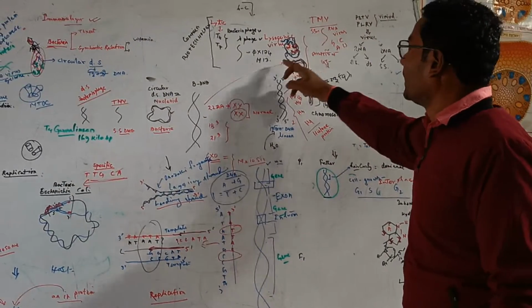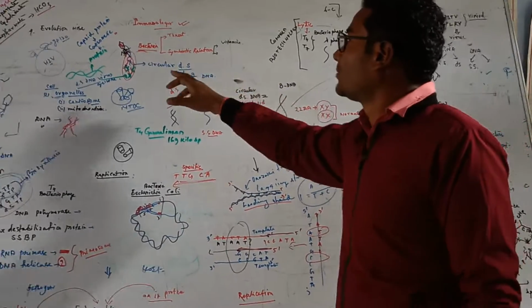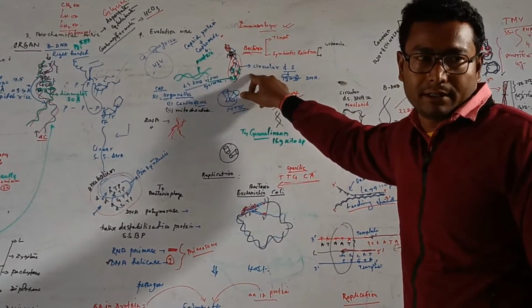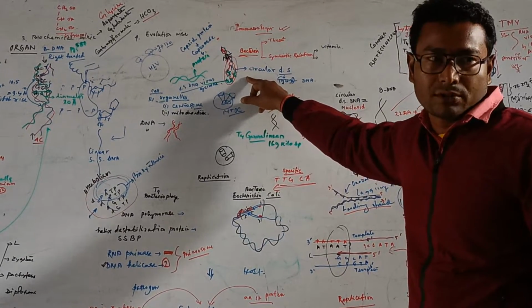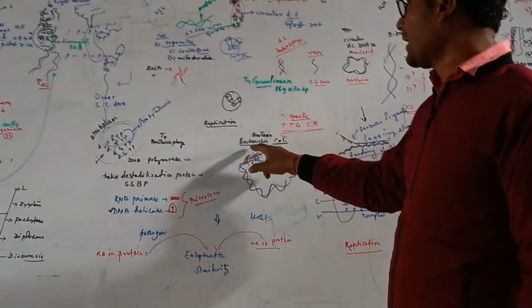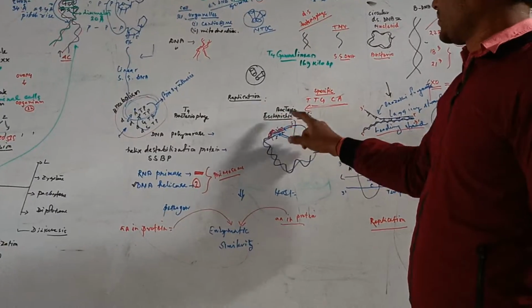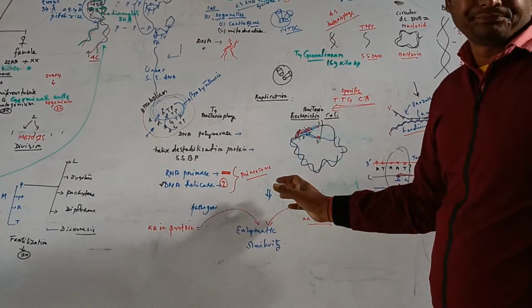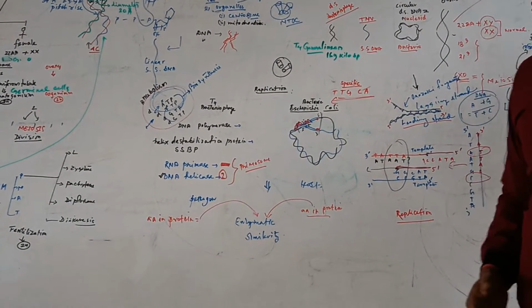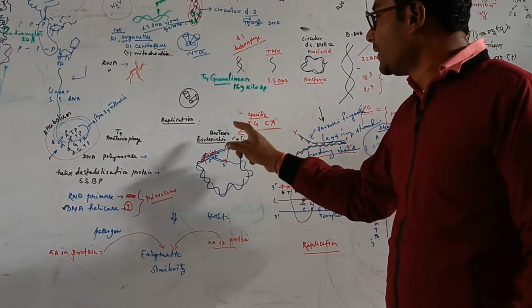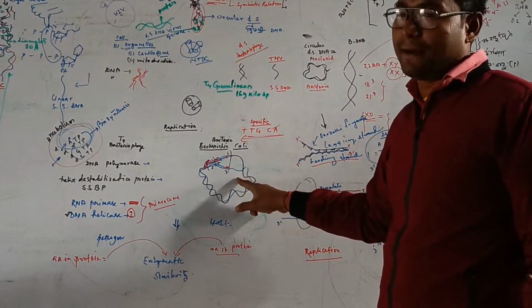But in lysogeny, they integrate, co-integrate within the DNA of the host. In our case, we have used the host bacteria Escherichia coli. The bacteriophage feels that it can flourish within this bacteria.